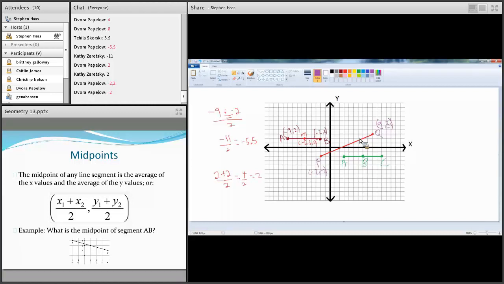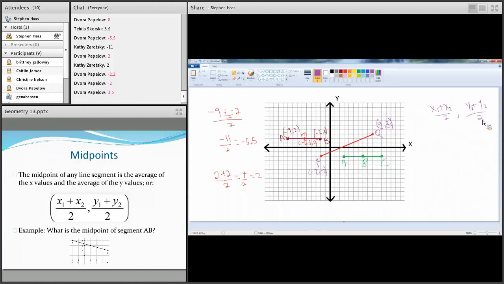And again, I'm going to cut all this stuff out to give us a little more room here. How do we figure out the midpoint formula? Well, for the x value, we'll add the x's, x1 plus x2 divided by 2. For the y value, we'll add the y's and divide by 2.